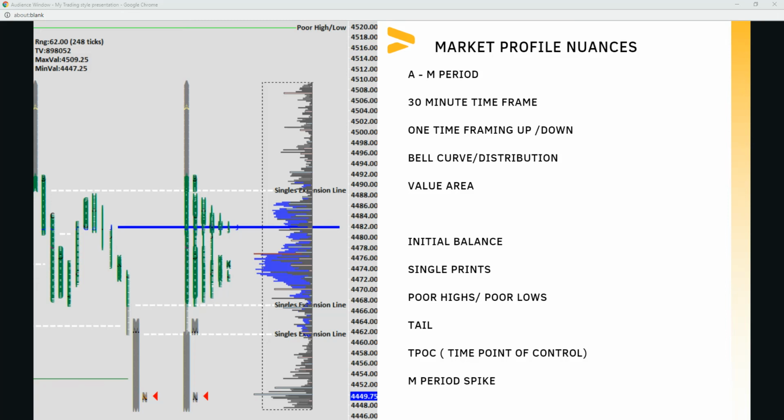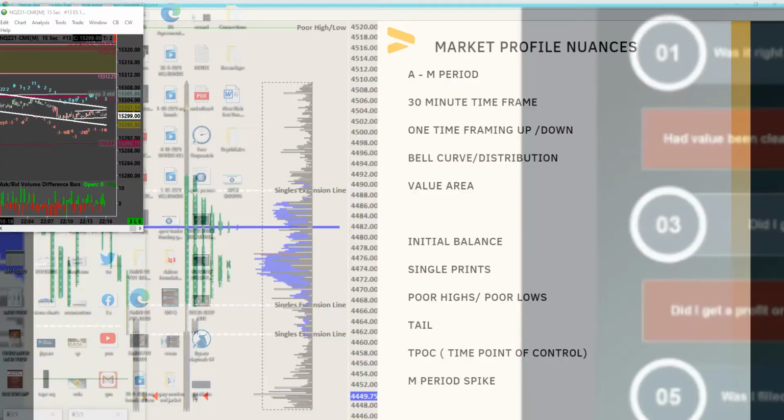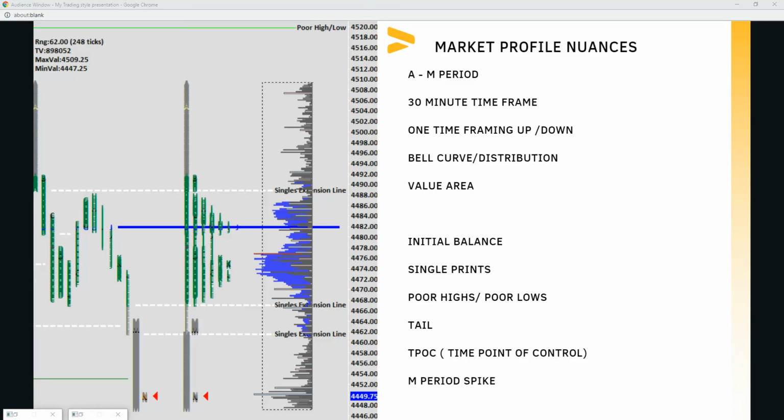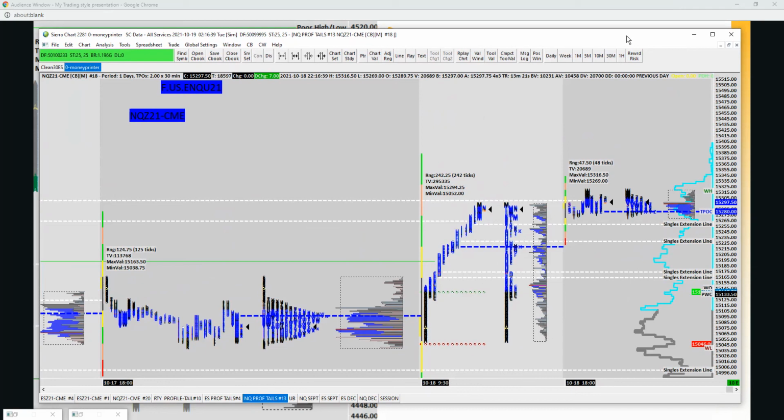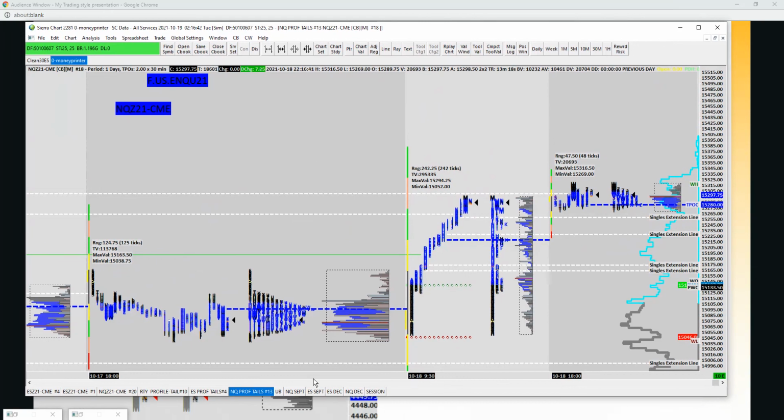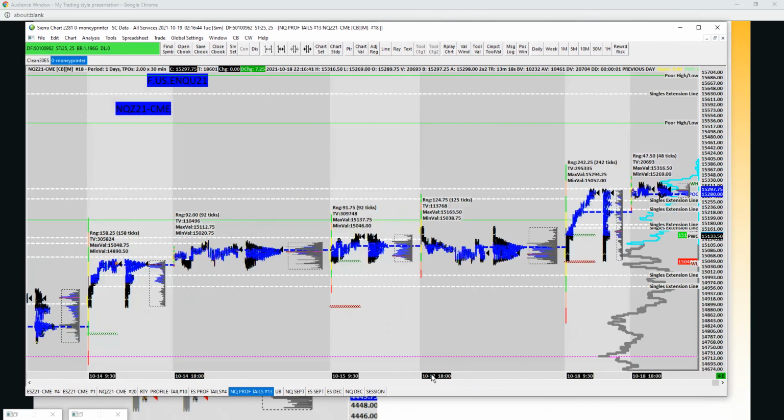Always have a market profile chart up and understand what the market is doing, where does it want to go, and to be able to filter out what all the technical traders are doing and how your edge is developed through market profile. So I use Sierra Chart when it comes to market profile.